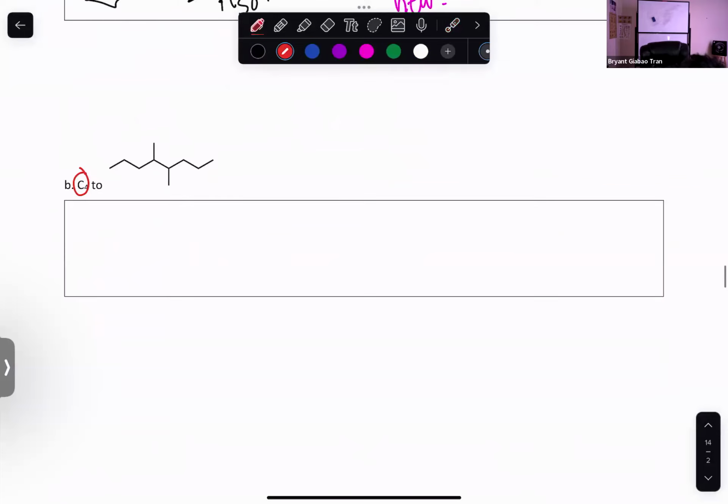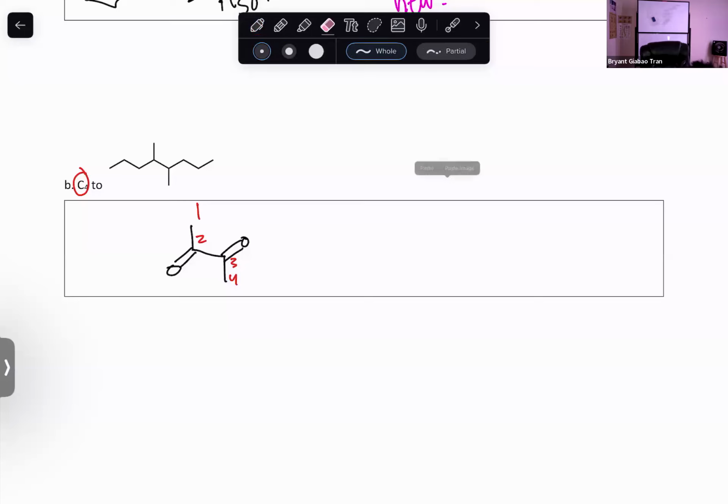Okay. Let's see. C4. Boom, boom, boom, boom, boom. Is this 4? 1, 2, 3, 4. Oh no, but we don't want oxygens there because we don't have any alcohols.